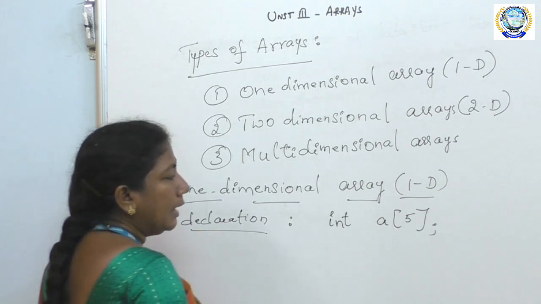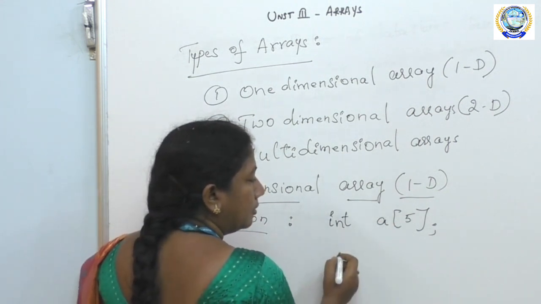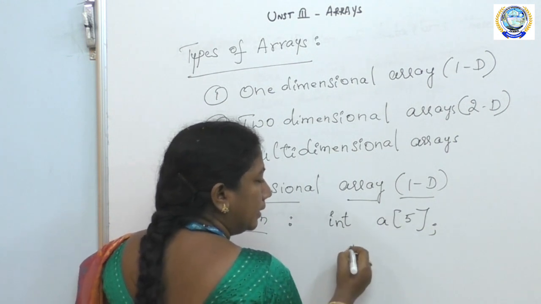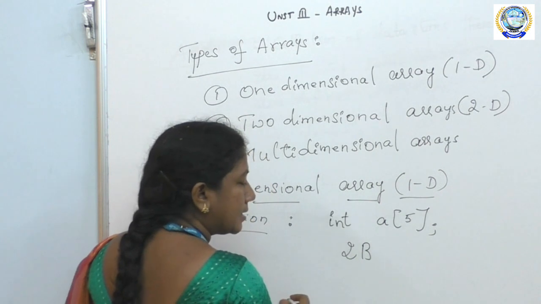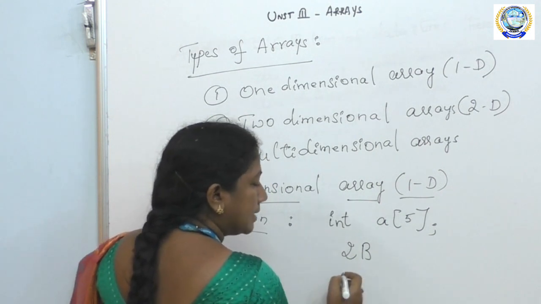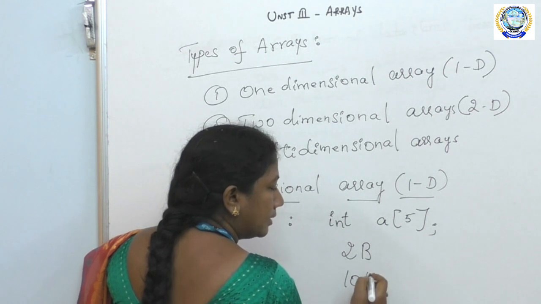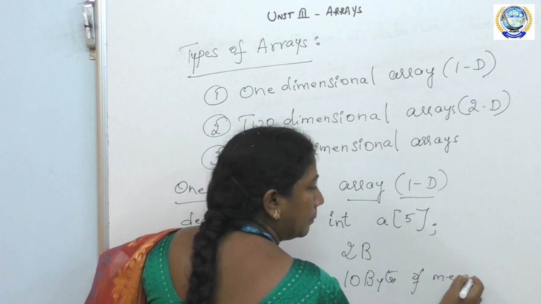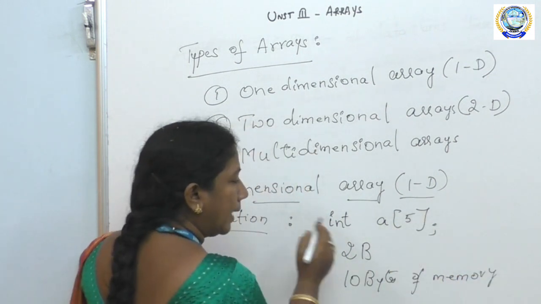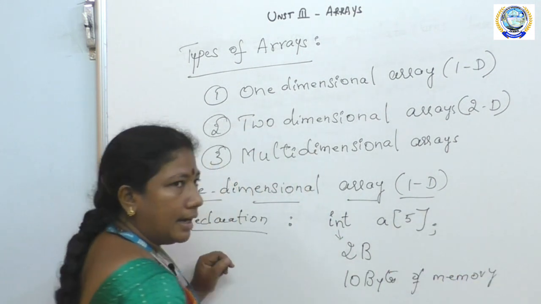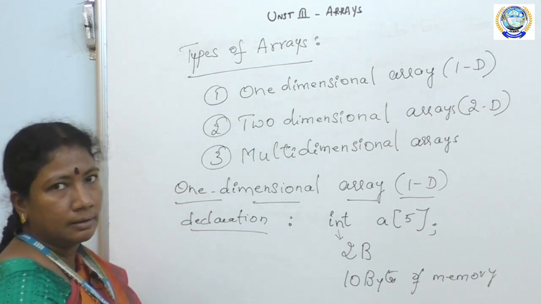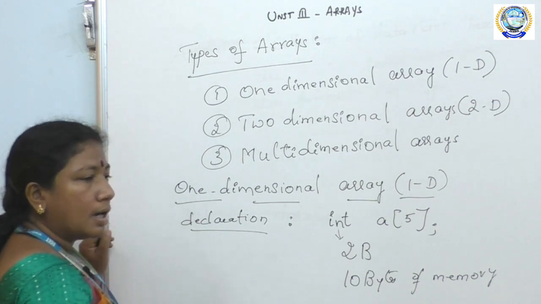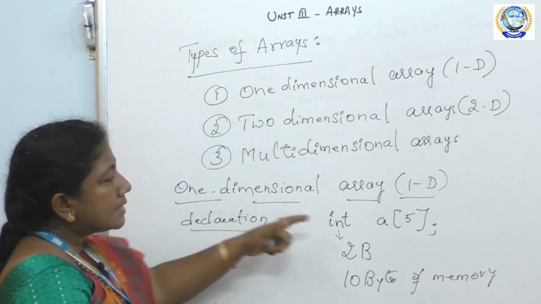Here we have 5 elements. For each element, it takes 2 bytes, and for all the 5 elements, it allocates 10 bytes of memory. Why? Because the integer allocates 2 bytes of memory.